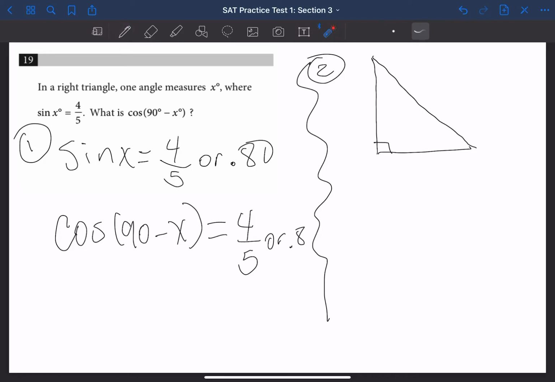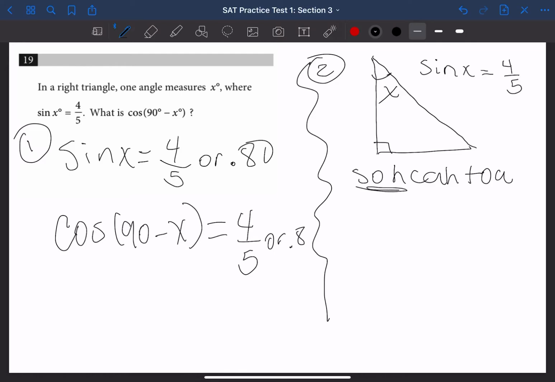It's up to you whether x is this or this. I'm going to label this as my x, and it says that sine of x equals 4/5. Just remember your SOHCAHTOA.